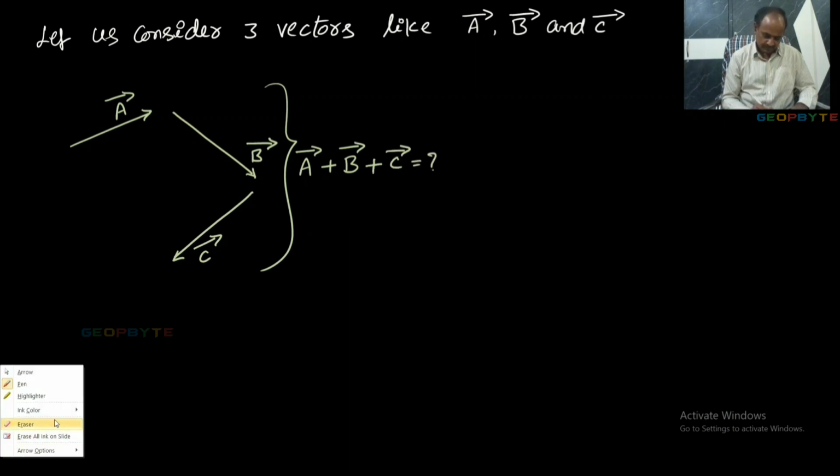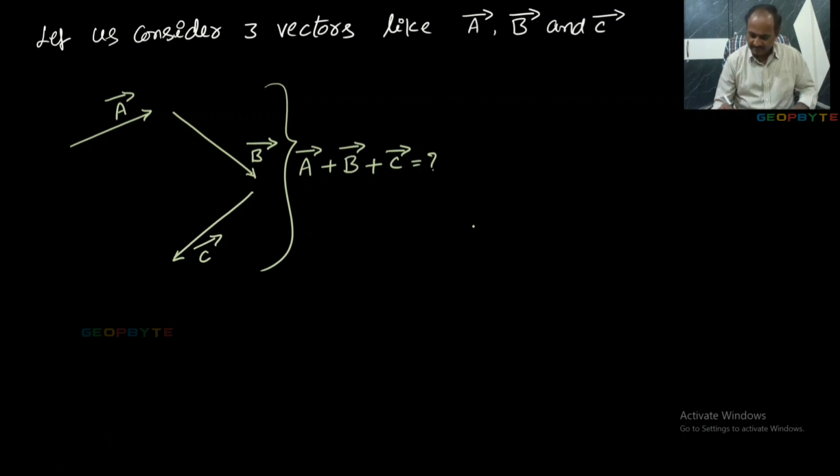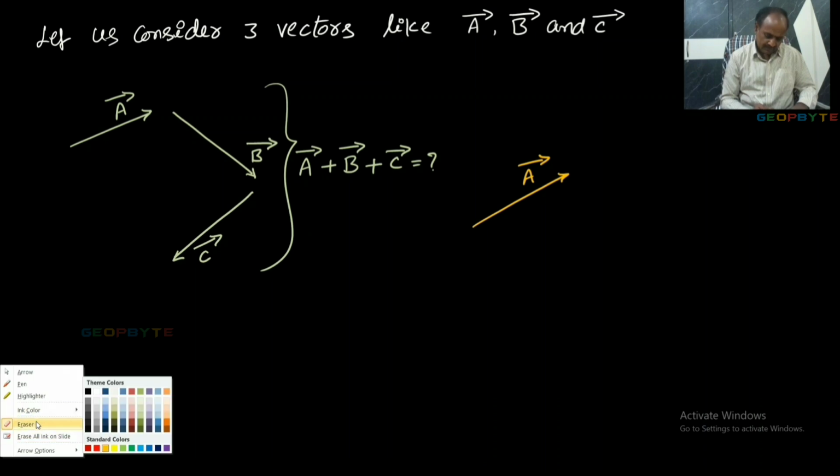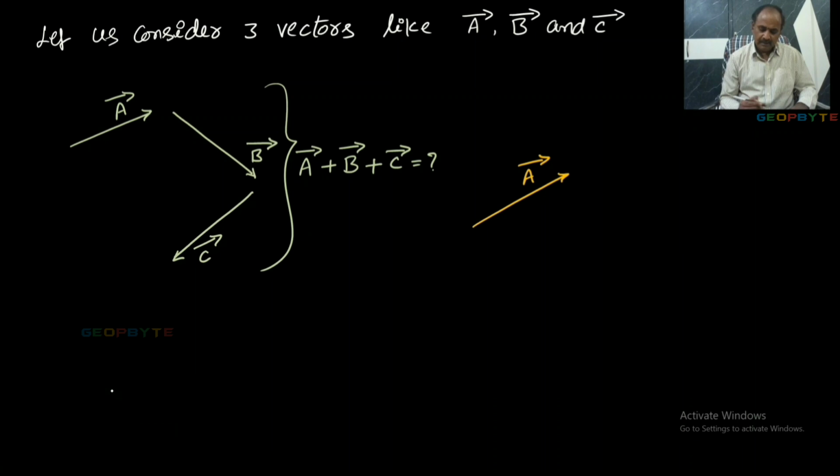For that, first you draw the vector A as it is. You join the starting point of the vector B to the ending point of the vector A, with the same angle. That means B should be extended parallel to the original direction like this.